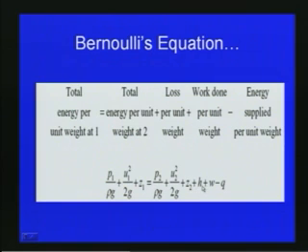That is considered here as H, and in case any work is done between section 1 and section 2, that also has to be considered, that is W: work done per unit weight minus energy supplied per unit weight.